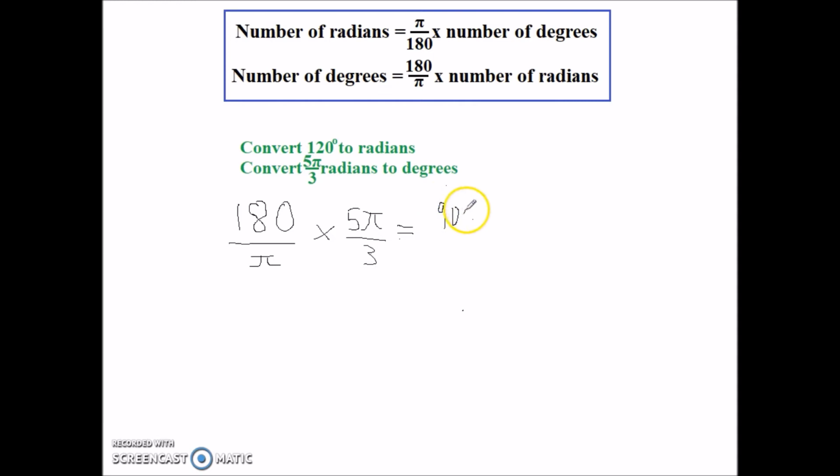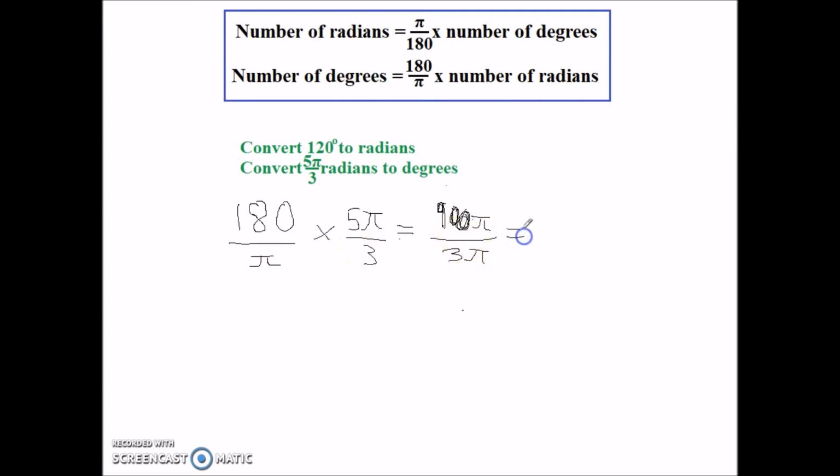Remember, no calculators, because if you do have these as questions and you get used to working with a calculator, and then all of a sudden it appears on a non-calculator paper, you're in trouble. And then of course pi times 3 is just 3 pi.